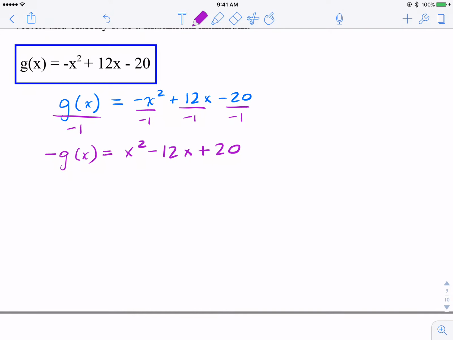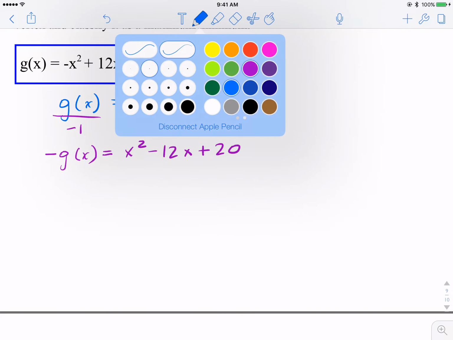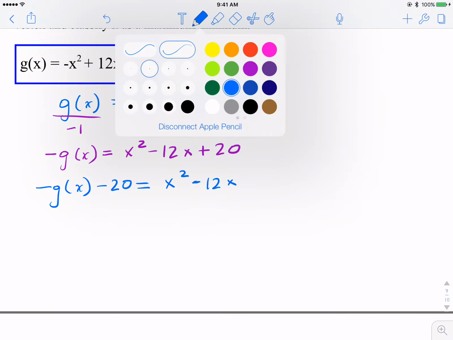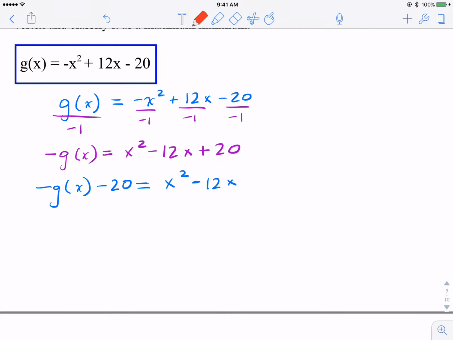Okay, step 2 is going to be to move the constant over. So I'm going to move that 20 over. And you should recognize this step from completing the square. We move the constant over. And the next step here is going to be very similar as well. We actually want to complete the square. On the right, what's that missing number that's going to fill in the box, so to say?